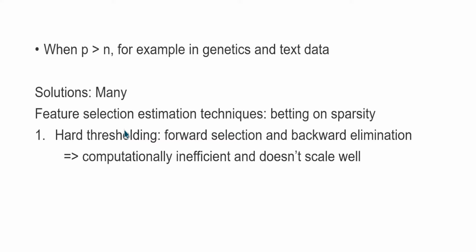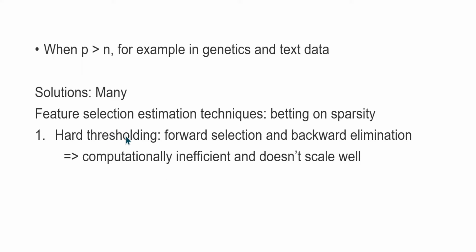There are two techniques of feature selection methods, and one is hard thresholding. If you are familiar with ordinary least squares regression, I'm sure you know about forward selection and backward elimination methods. These methods work very well for ordinary least squares regression, but when you have such high dimensional data, that means you have a high number of features, and you may also have a bigger number of observations, but still your number of features is very high.